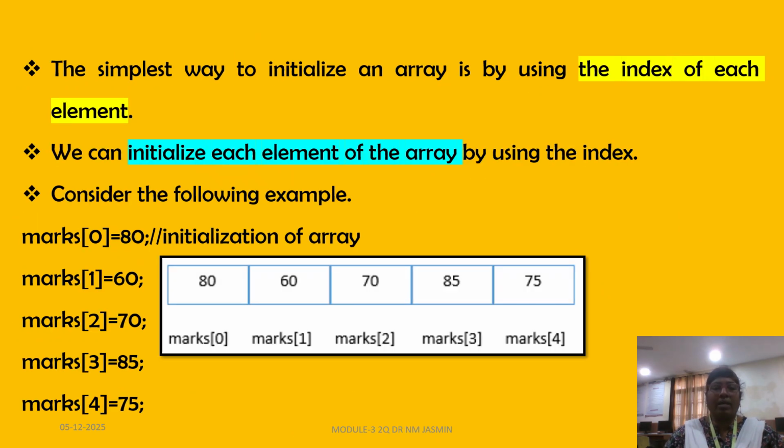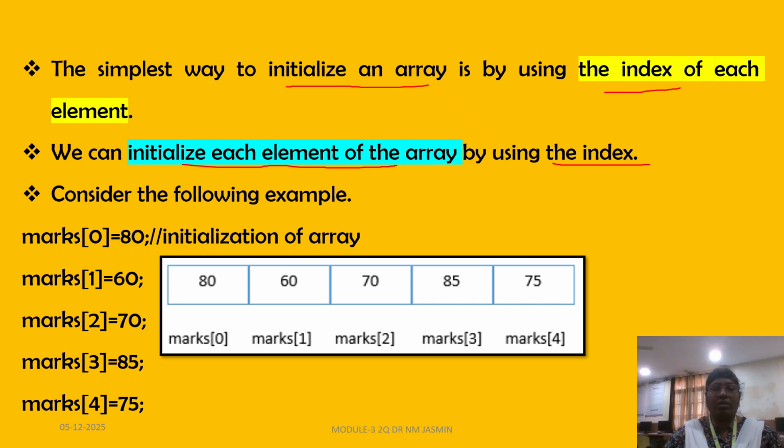And come to the example, if you see how we can have initialization of an array by using the index for each element. Okay, so we can initialize each element of the array using only the index number.